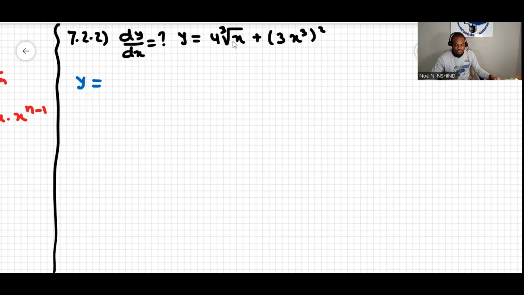There is a law of exponents that says the nth root of a to the power of m is just a to the m over n.